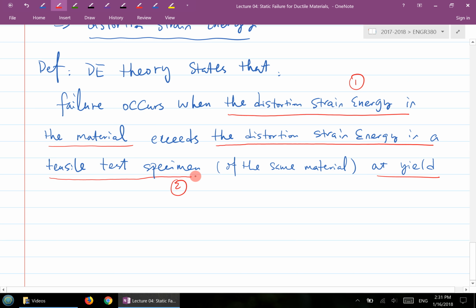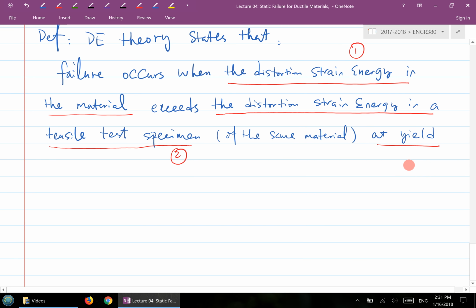So you test the tensile specimen, and when it's yielding, at that moment, what is the distortion strain energy? So you're comparing the two distortion strain energies. Then you get the DE theory here.